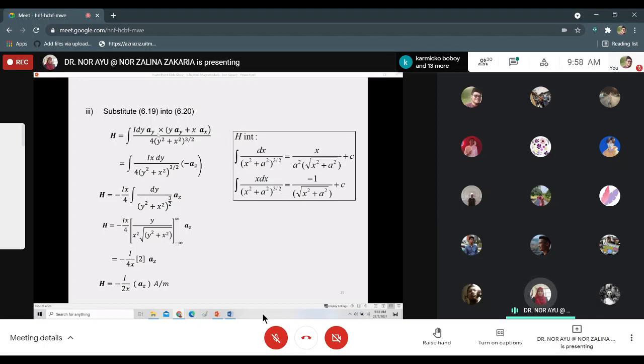Okay, so the answer for that dia akan jadi x dy, negative az, ataupun kita boleh tulis dia semula, x dy, okay, negative az. Negative az ni you can either put it here ataupun put it dekat depan ni pun boleh. Okay, macam ni, sekejap dia letak kat belakang, sekejap dia letak kat depan.